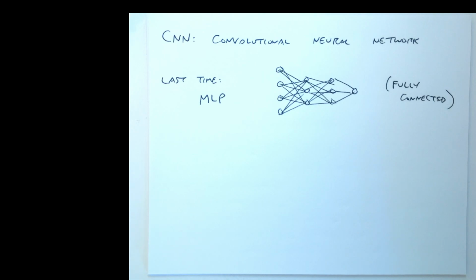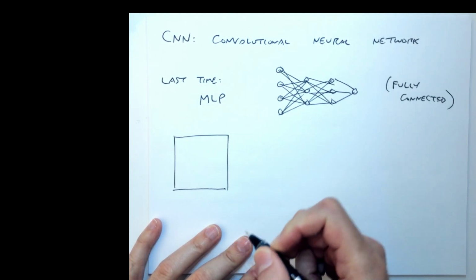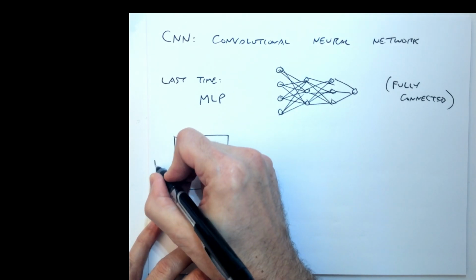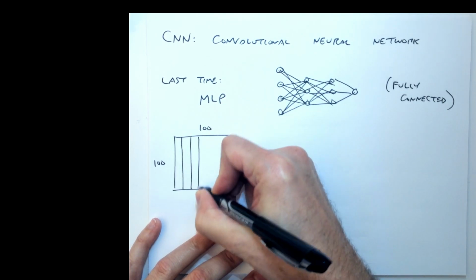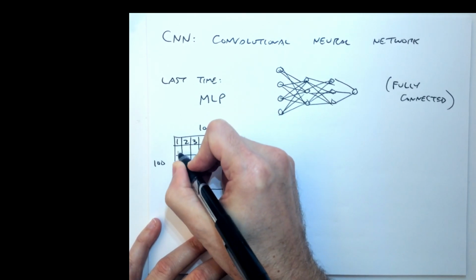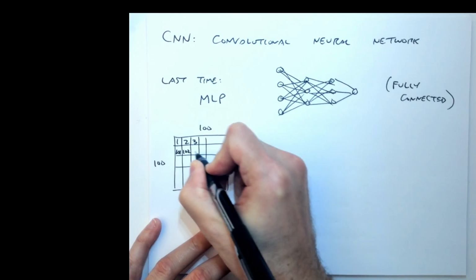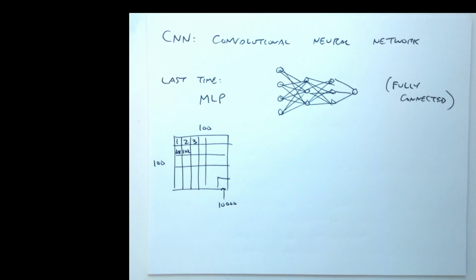So people began to be really interested in applying neural networks to images, right? And I'm an image processing guy, so I definitely saw this take over firsthand in my field. If I think about what an image is, it's a collection of pixels. Let's suppose that I have a 100 by 100 image. If I were to label the pixels 1, 2, 3, ..., then this pixel would be 101, 102, ..., and this pixel over here would be pixel number 10,000, right?